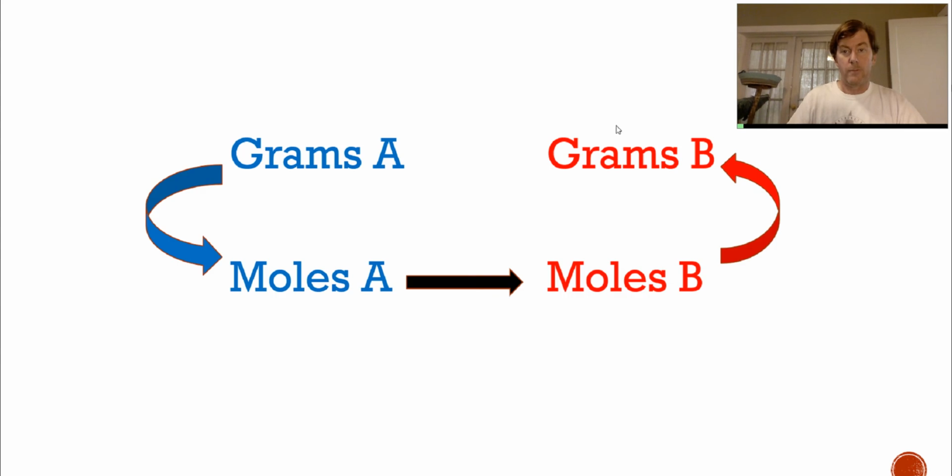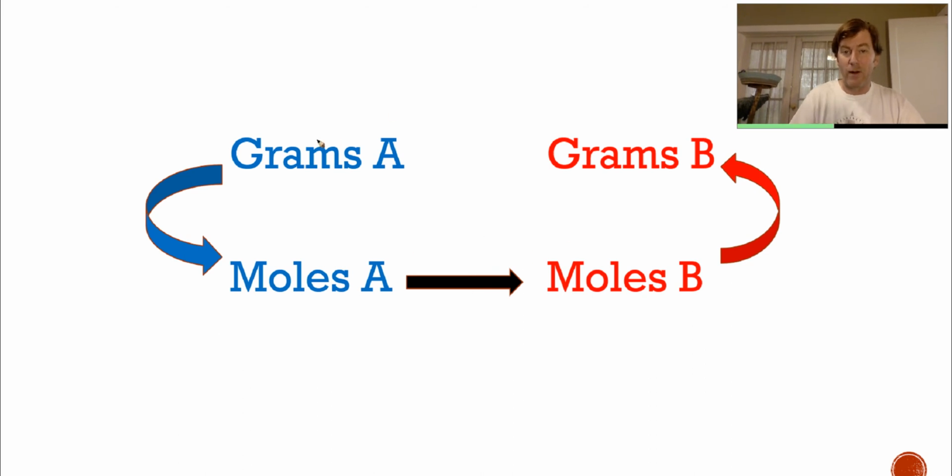So when we look at this mapping, this is a very useful tool. A lot of people like to write this out when they're working on problems, to help figure out where you're starting, where you're ending, and what step you're on right now. The most important part: you see how I have this stuff blue and this stuff red. That means this is one substance over here, and this is another substance. To bridge this gap between the two different substances, I need to talk about moles.